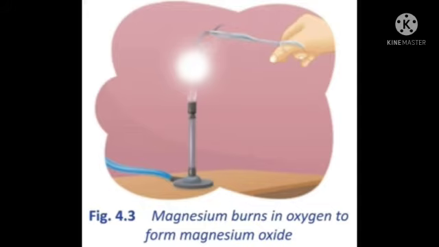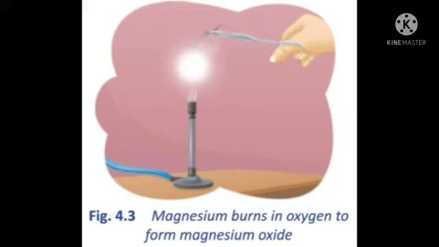First we can revise the portion chemical equations. What is a chemical equation? A chemical equation is the shortened form of representing a chemical reaction using symbols and formulae. To write a chemical equation, we have some steps.